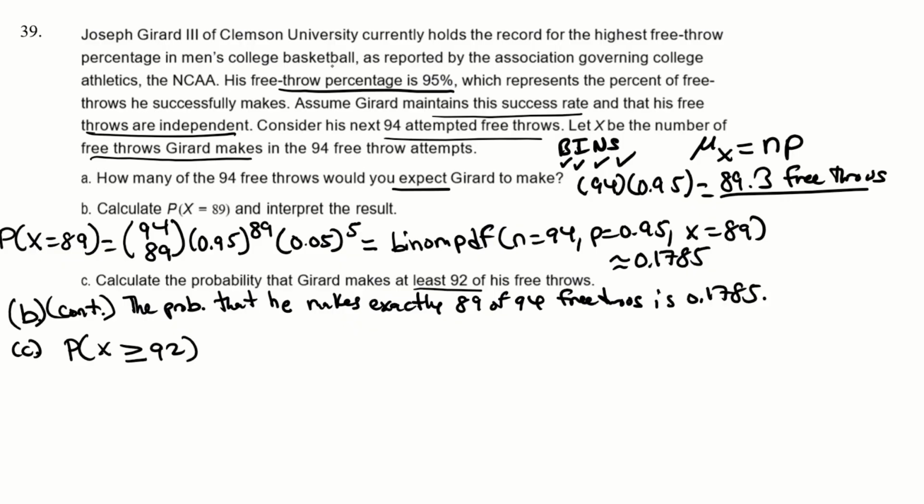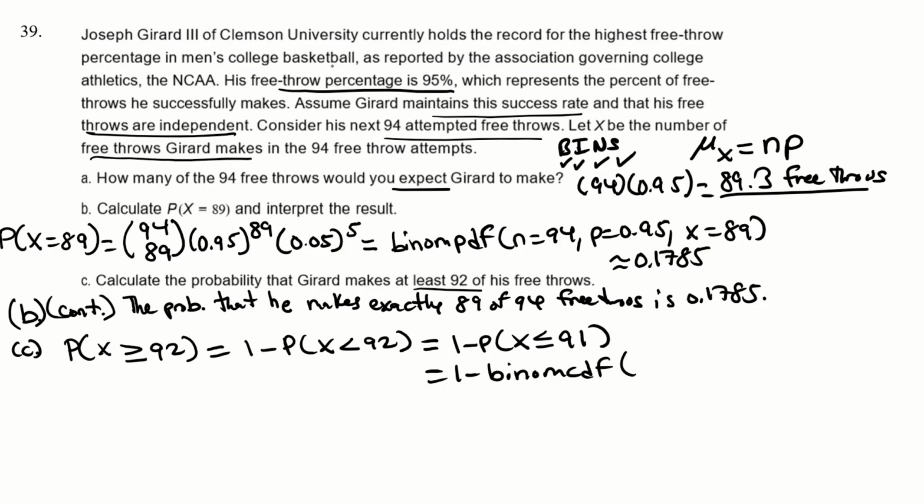So in order to do this, we need to use the binomial CDF function, but we need to convert this to less than or equal to. So I'm going to do the opposite. The opposite of greater than or equal to 92 is less than 92. And less than 92 is the same thing as less than or equal to 91. So that way we can use the binomial CDF.